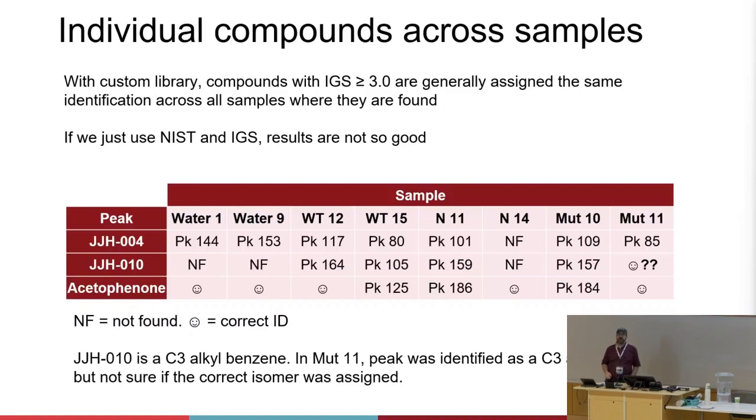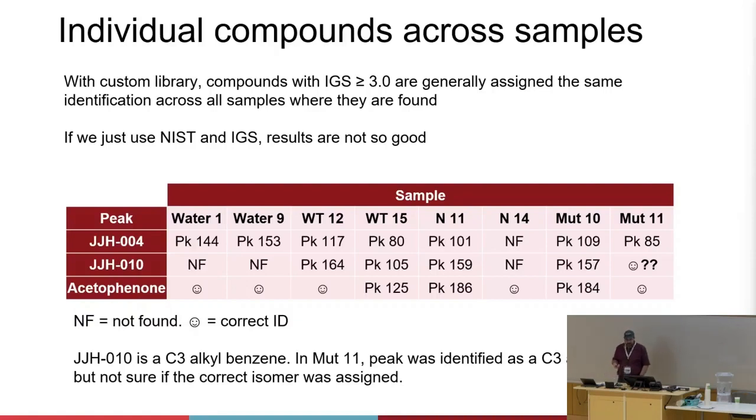How are you going to line up all those random peak numbers? It's very, very difficult trying to sort that out. This one here, again, not found, a few different numbers here, not found, a few different numbers. Here it was found or maybe found as some other C3 alkyl benzene, so I don't know if it's the right one or not. And again here, found right ID, random number, right ID, random number, right ID.